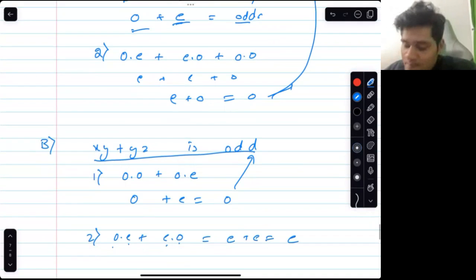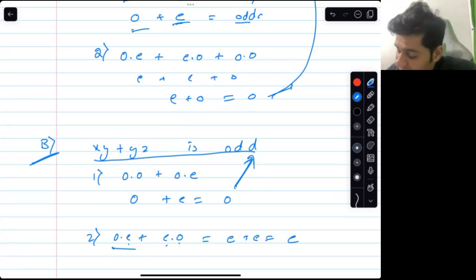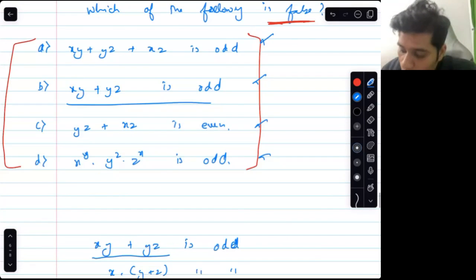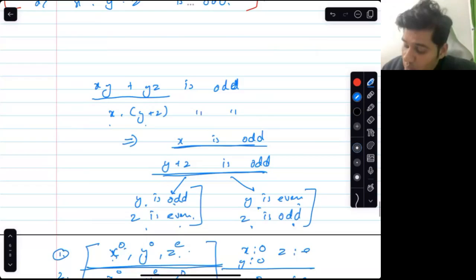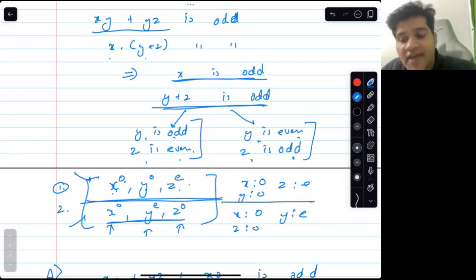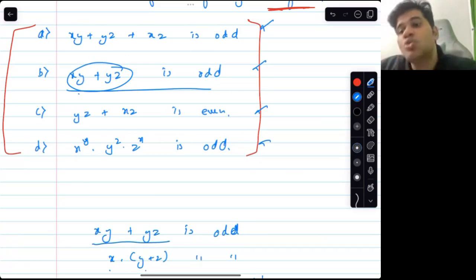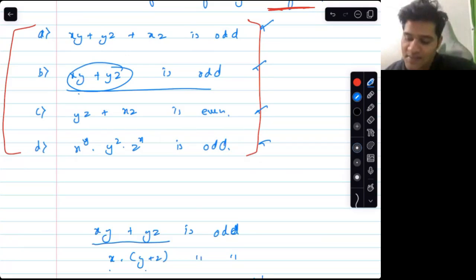So for option B, case 1 was correct, but case 2 is incorrect. But that does not make it false. For the option to be false, it has to be false for both the cases. If it is false for both the cases, then it is always false. So xy plus yz is odd is sometimes true, sometimes false. We cannot definitely say that this is always false. So even that is not our answer.